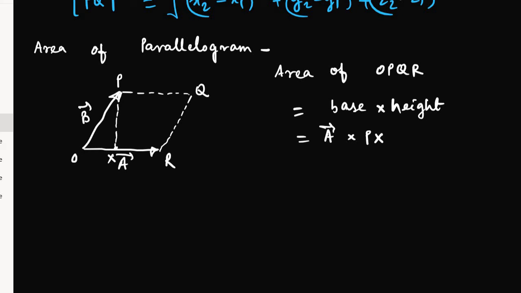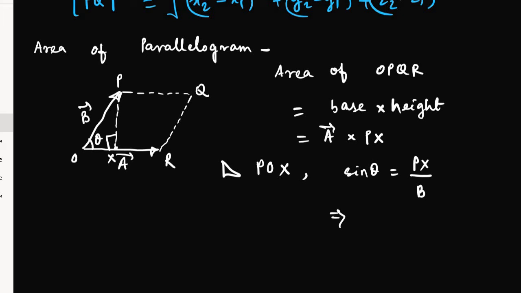Now, if this is a right angle triangle, POX, and this is the smaller angle theta between A and B, then what is sine theta? Sine theta would be the perpendicular by the hypotenuse. So it is actually PX divided by the B vector, isn't it?